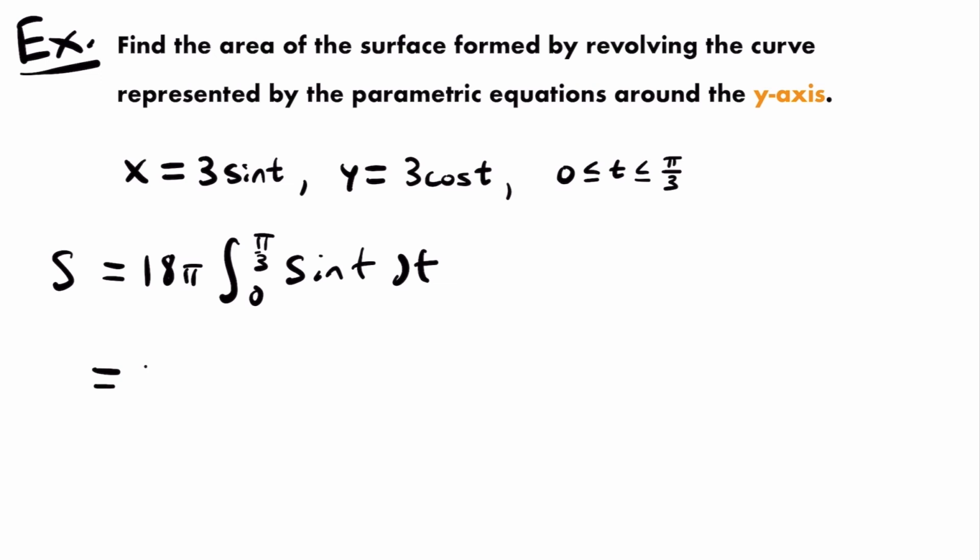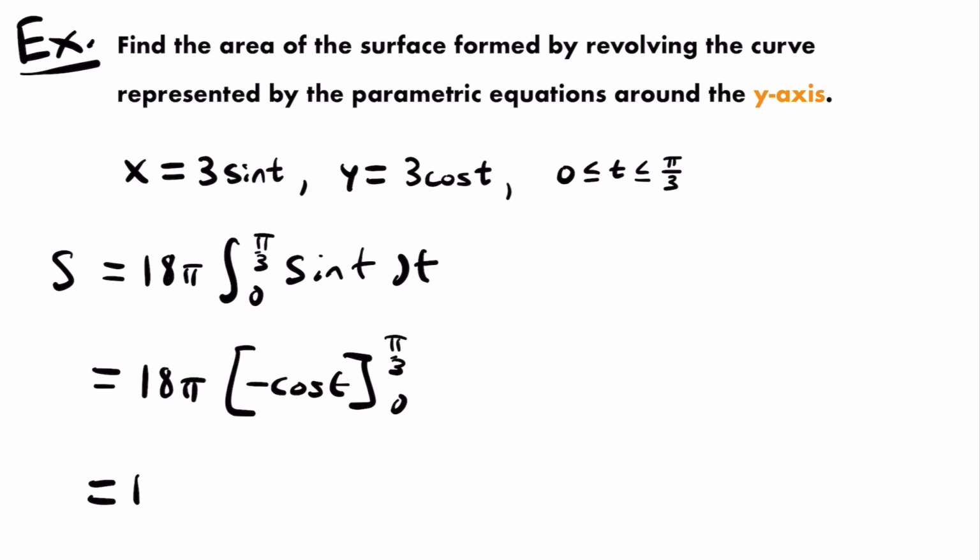This will be equal to 18 pi times negative cosine t evaluated from 0 to pi divided by 3. All right, the integral of sine t is negative cosine t, and we evaluate that at our bounds of integration. And so now what we want to do is evaluate negative cosine t at pi divided by 3 and subtract the evaluation at 0.